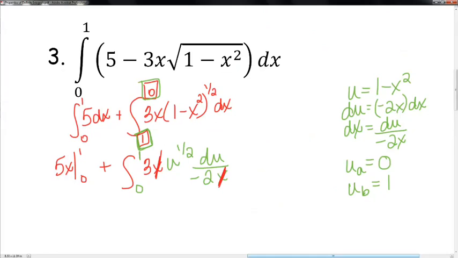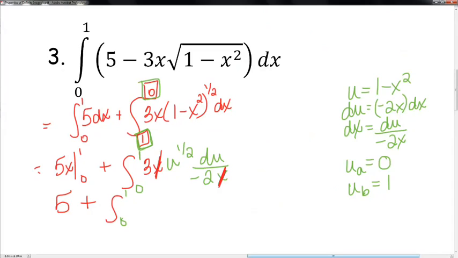If I plug in 1 for the first part, I'm going to get 5. I plug in 0, I get 0. So 5 minus 0 is 5. So I have 5 plus the integral from 0 to 1.